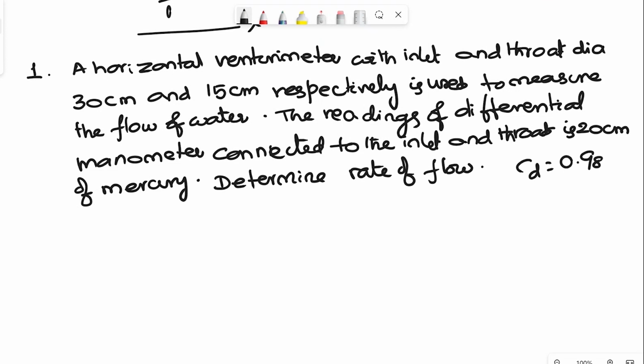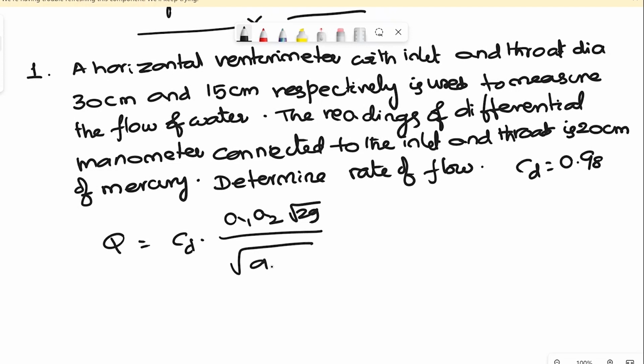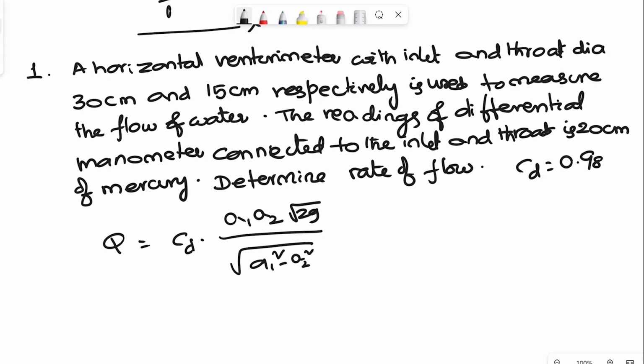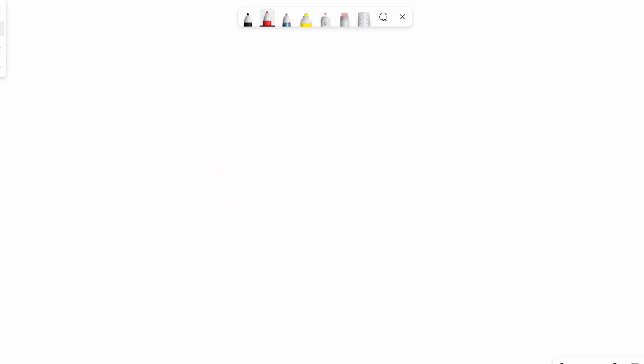So straight away first write the equation. Q is equal to CD into A1 A2 root 2g divided by square root of A1 square minus A2 square into root H. This is the first thing that you should do. Now it is given as horizontal. Then what is H, as I mentioned? We have the deflection in the manometer X equal to 20 centimeters of mercury.